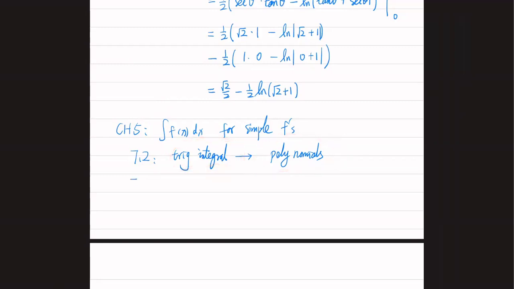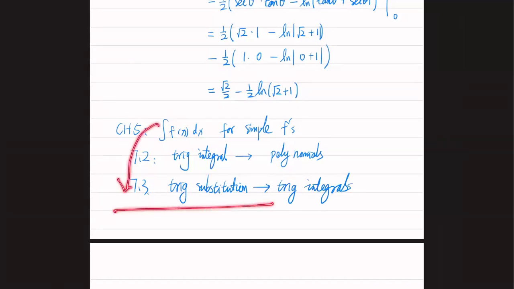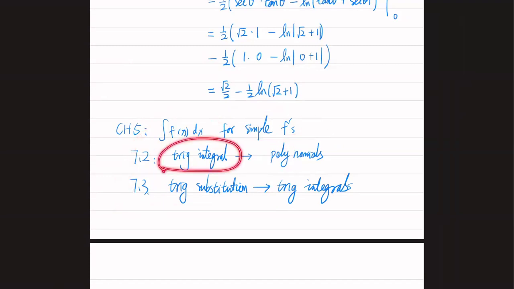Then in this new section, 7.3, trig substitution, we convert to trig integrals. So step by step, we allow more and more functions, from very simple ones, sine, cosine, exponential, then powers of sine, products of sine and cosine, products of tangent and secant, then the square root. We allow more and more difficult integrals.